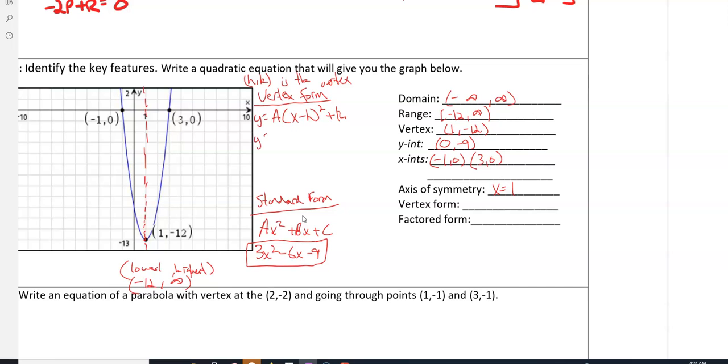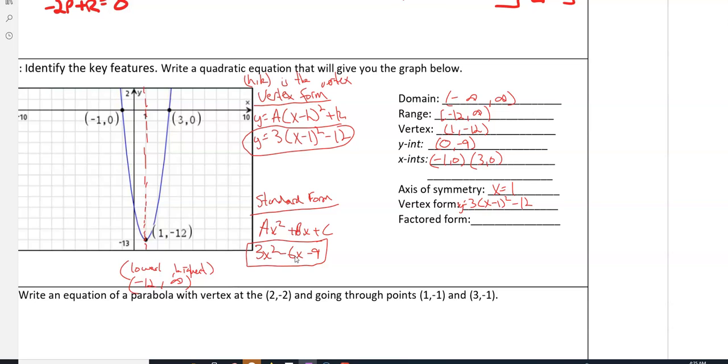So that would be y equals, our a value is 3, 3 times x minus 1 squared, because h is 1. And then minus 12, because it's a negative 12. That would be my vertex form: y equals 3 times x minus 1 squared minus 12.